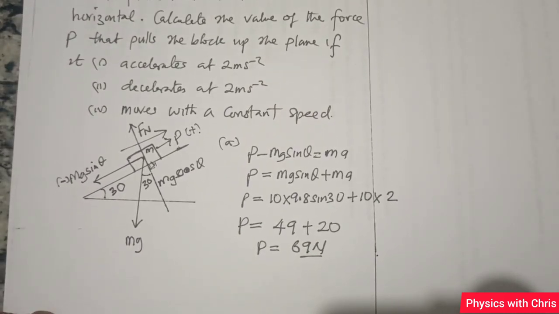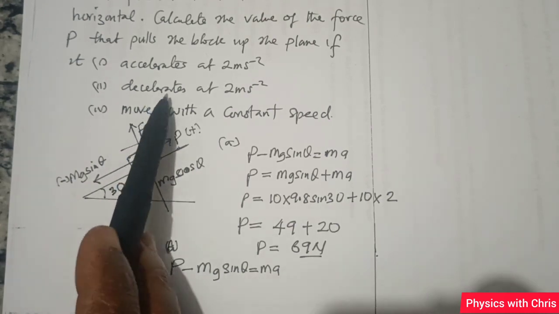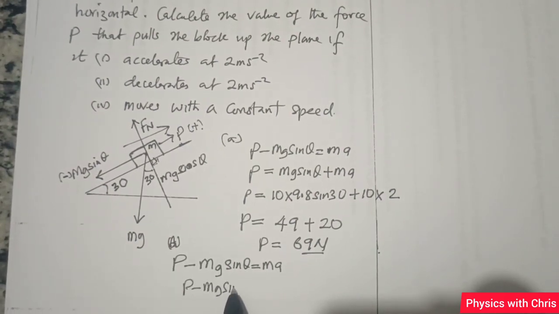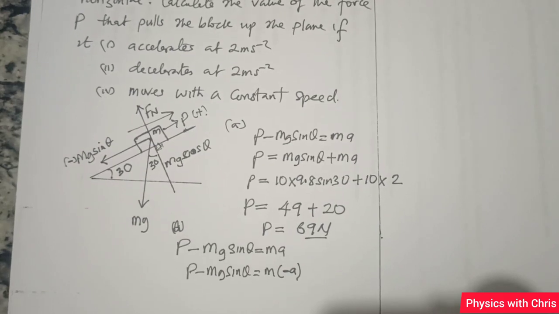Now we have to also find the value of force P. That's the B part of the question. Suppose the block decelerates. So go back again and write down the equation for the resultant force acting on the block. That is P minus mg sin theta equals ma. Since the block is decelerating, the acceleration becomes negative because deceleration is negative acceleration.